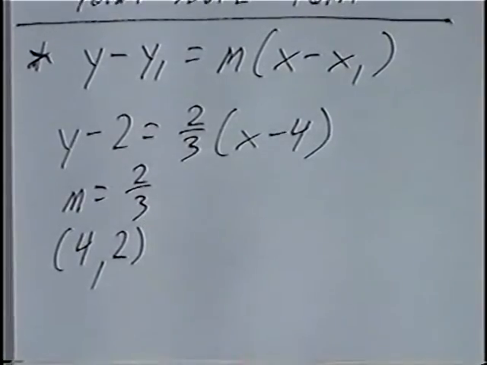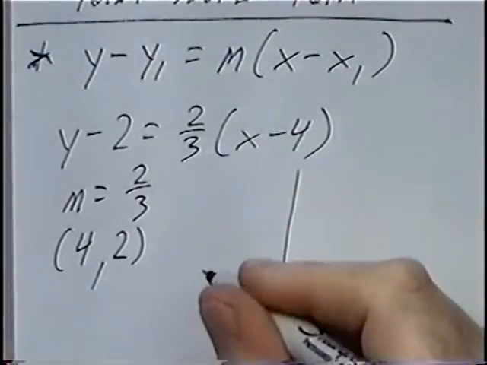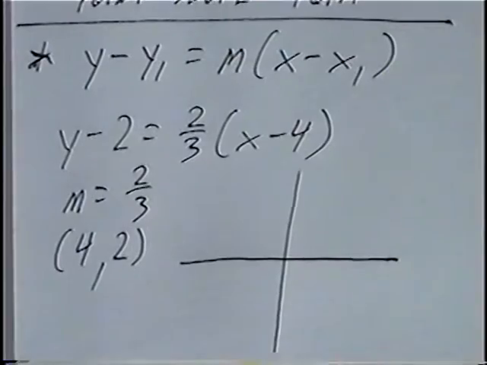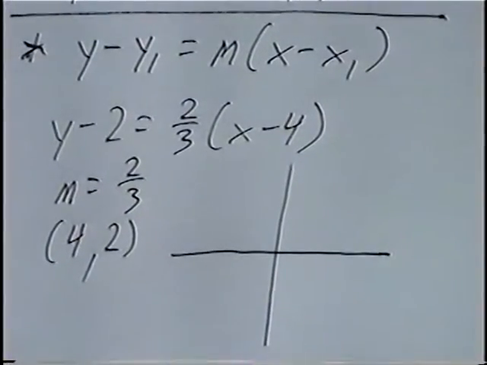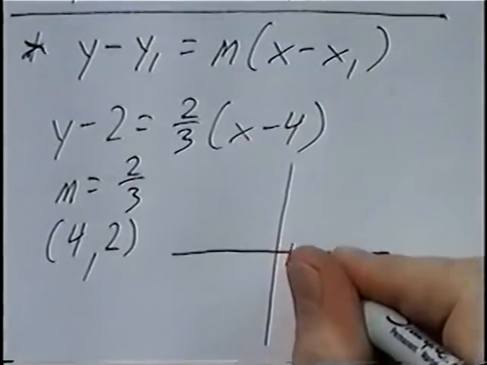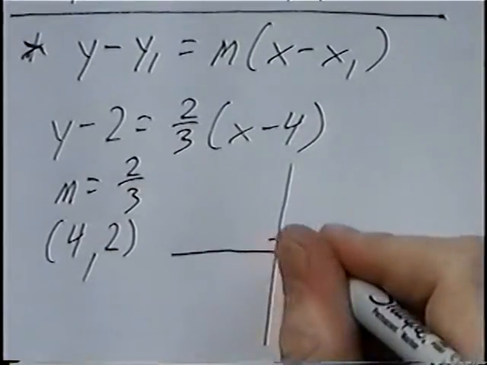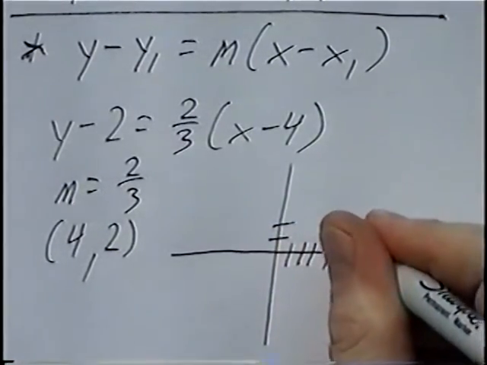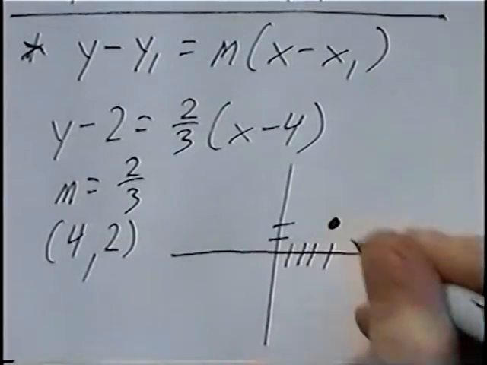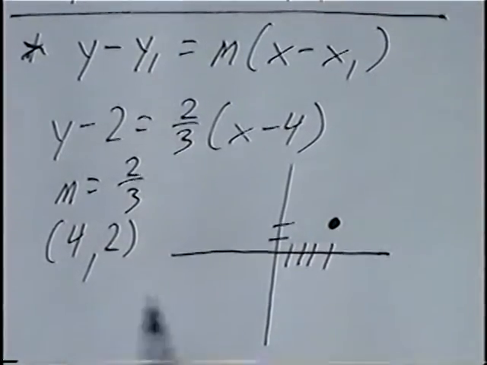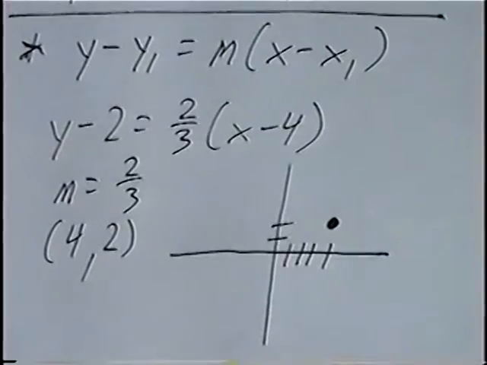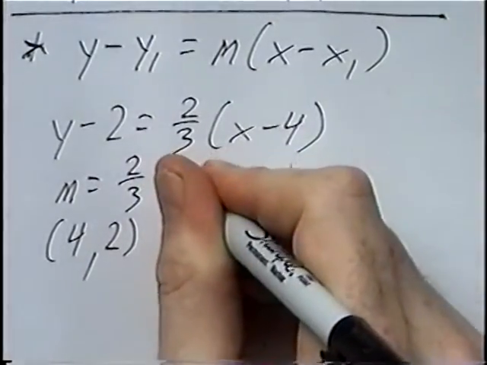Using the slope and the point, we can draw an xy axis to graph this equation. We'll first start with the point, which is 4, 2. So x would be 4, and y would be 2. From this point, we can follow the slope. If you remember, the slope is rise over run.